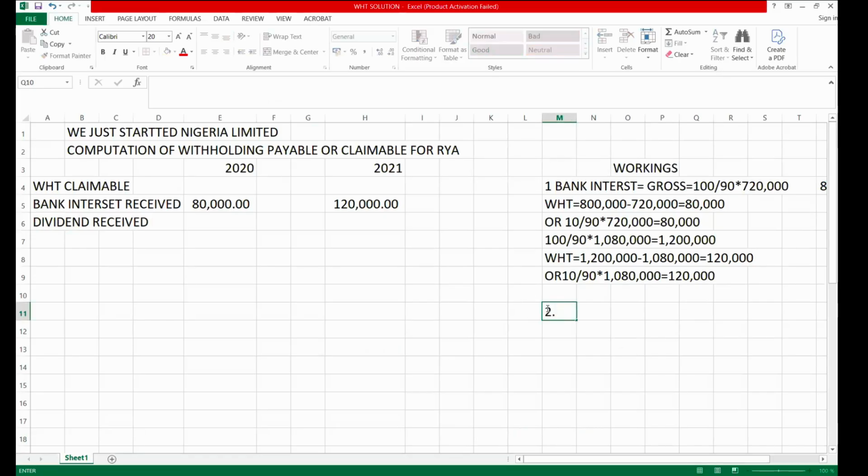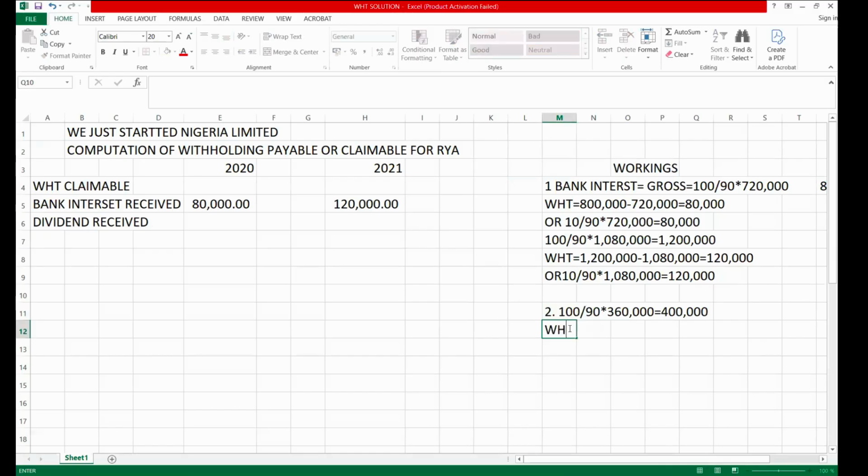What's the withholding tax rate on dividend? 10%. So we collected 90%, so you gross it up: 100 over 90 multiplied by 360,000. That will give us 400,000.